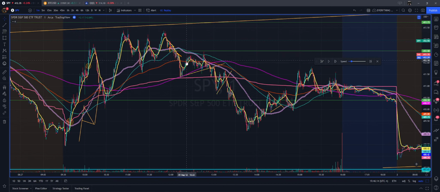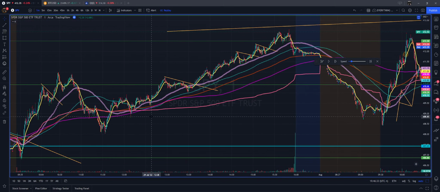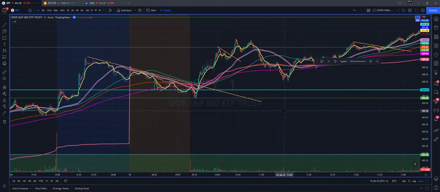See, it's always below the 50 moving average. After it broke down, let's say you didn't catch this drop because there's no setup, right? After it broke down the 50, it's always hanging below the 50, then it goes further down, right? That's what I like to see on a bearish formation, so on a bear flag.